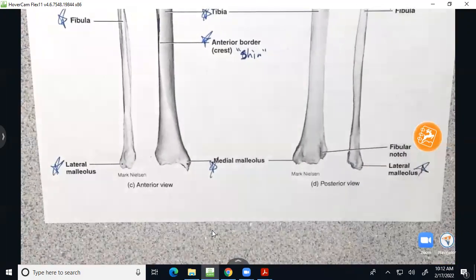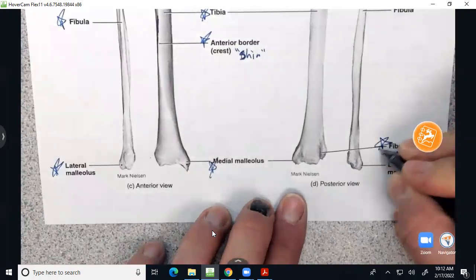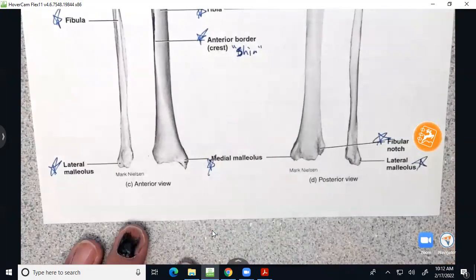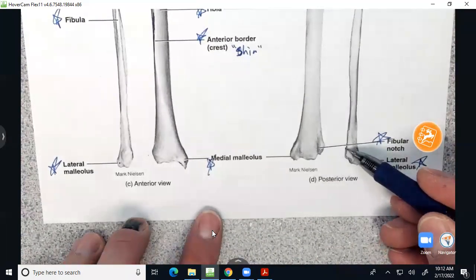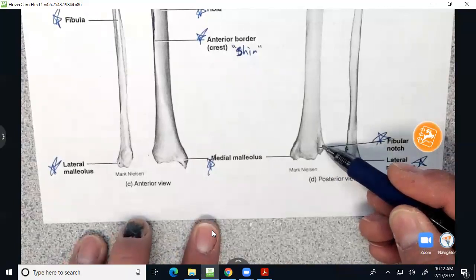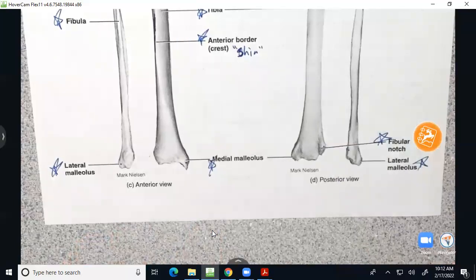There is one last thing I want you to highlight, visible here in our posterior view. It's called the fibular notch, and it is exactly what its name implies. It's a notch, basically where the fib connects right there. It's going to have some ligaments and whatnot to help hold those bones together, just providing stability.